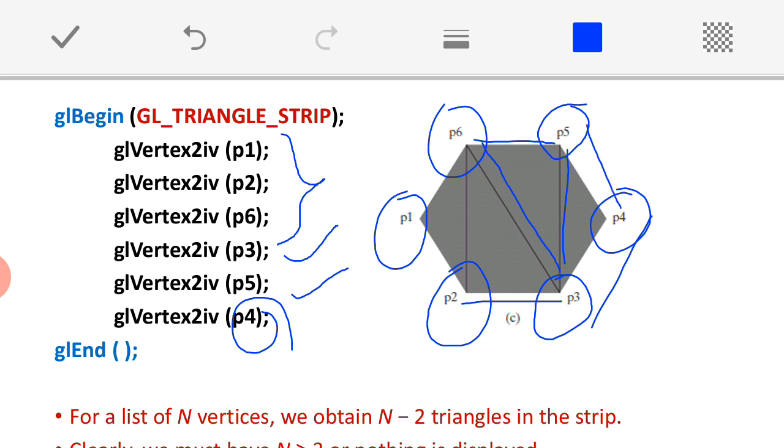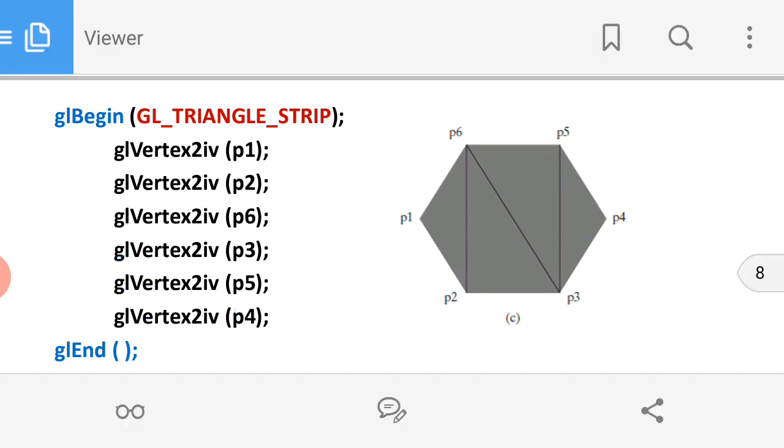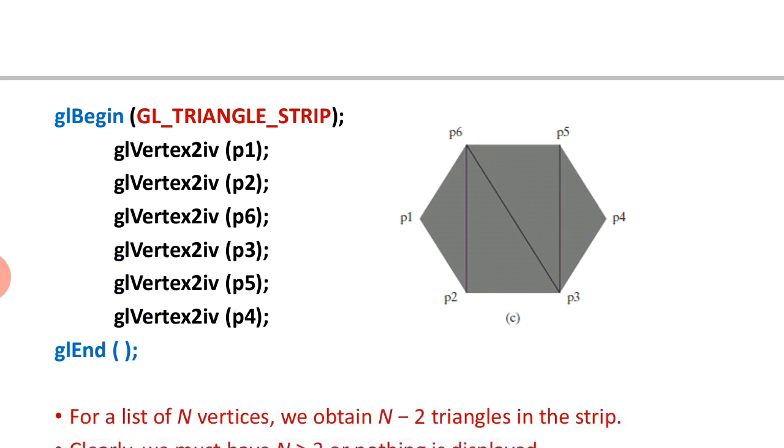Like this, first it takes three vertices to draw the first triangle, then for every single vertex that you define, it keeps creating triangles. That is called a strip. This is called GL_TRIANGLE_STRIP. Just try to remember how this works, that is very important.